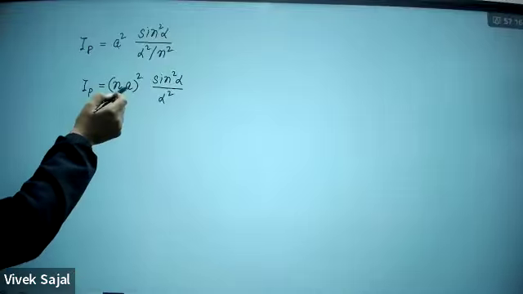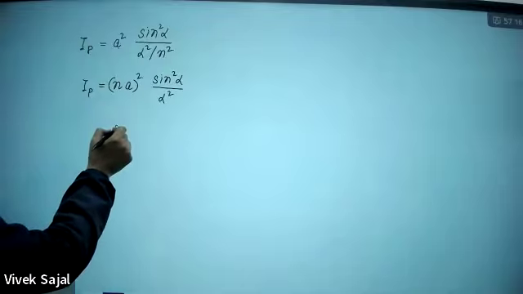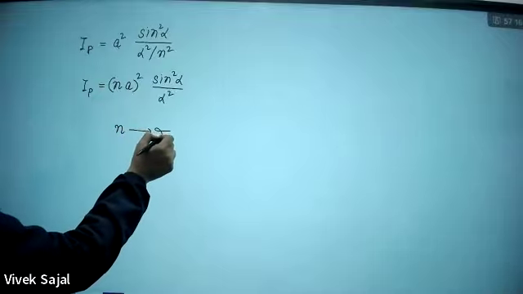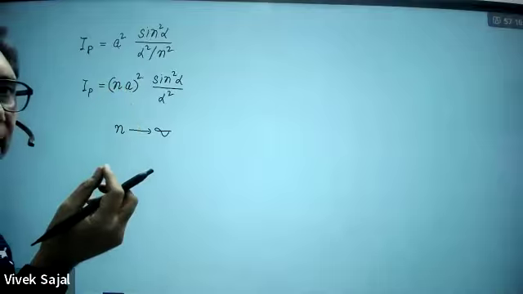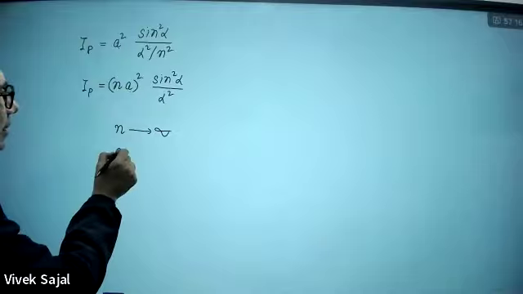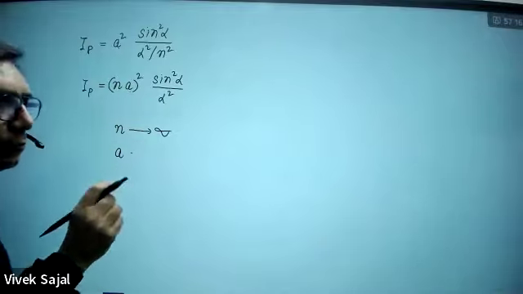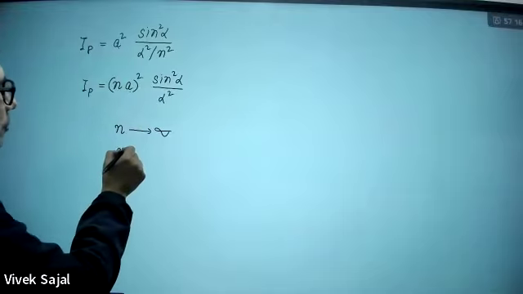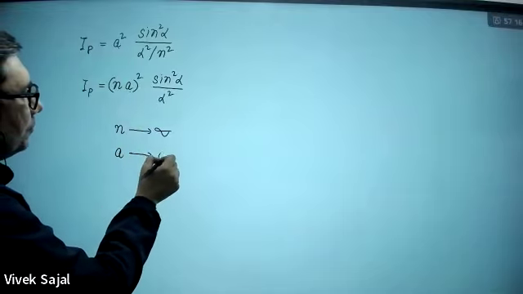Now what will this nA be? Try to understand. n is tending to infinity, and when n is tending to infinity, automatically the amplitude will be very, very much diminished. So this will be a point slit as small as possible, so this A will tend to 0.